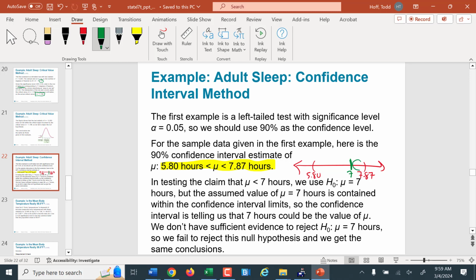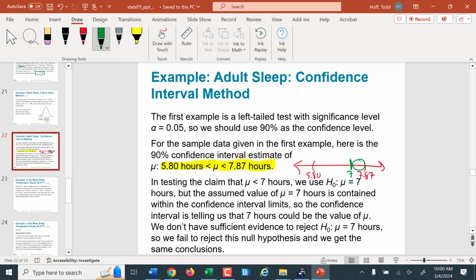And this range contains values that are above 7, which means we cannot rule out the possibility that the true mean is greater than 7. Remember that in a confidence interval, there's an equal chance of the true population mean being at any point along that interval. So because the interval contains points that are greater than 7, we cannot reject that idea of the mean being greater than 7.